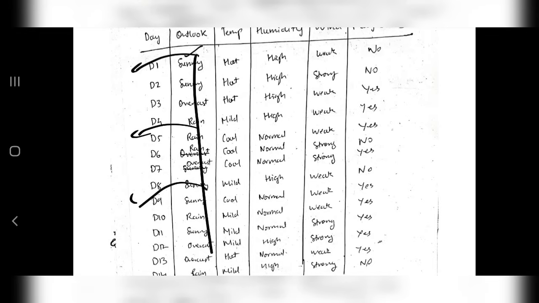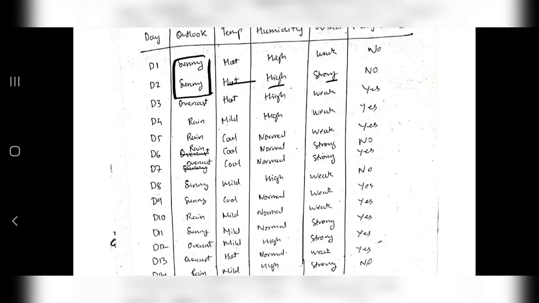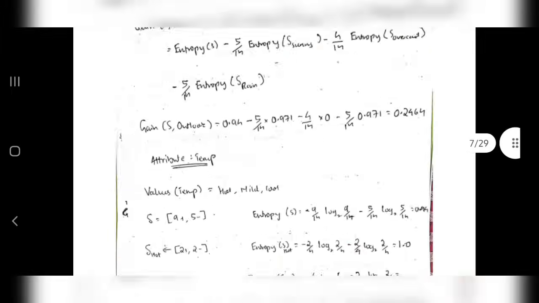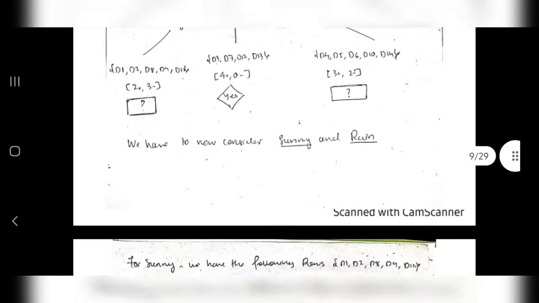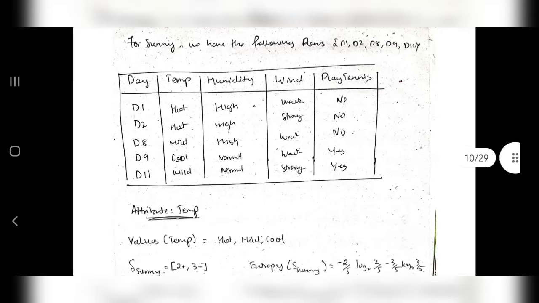So we are not concerned with outlook, we are just concerned with temperature, humidity and wind. But wherever sunny is present, we have to consider those rows, and only that we have to write, and solve the further problem. So for sunny, I'll be just writing those rows which have sunny in them, and I'll not be writing outlook. I'll be just writing temperature, humidity and wind here. All these rows represent sunny's rows.